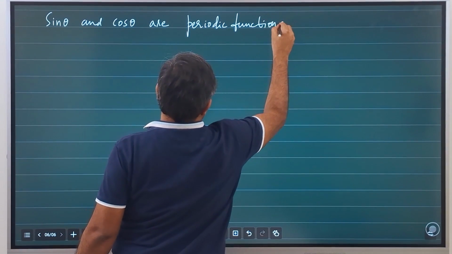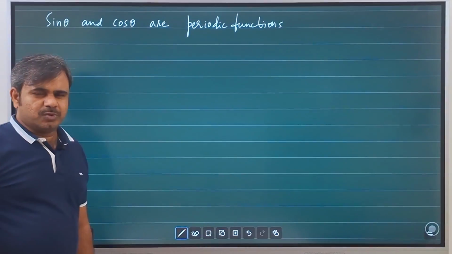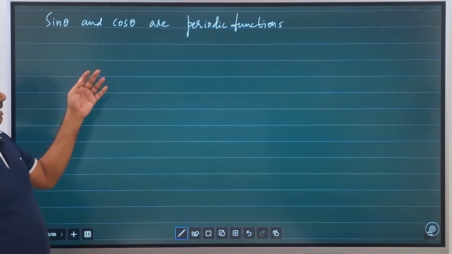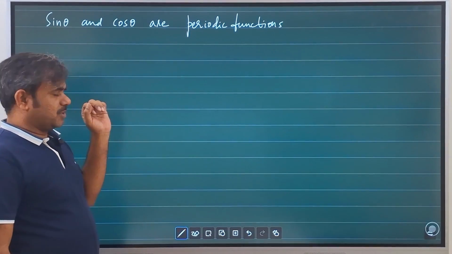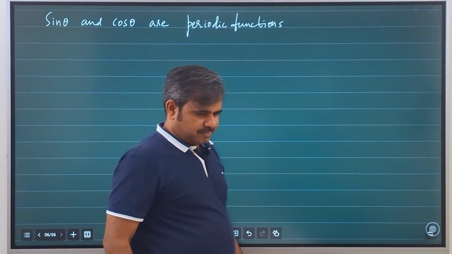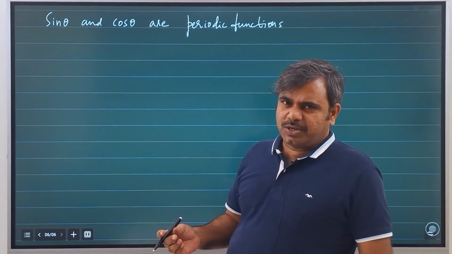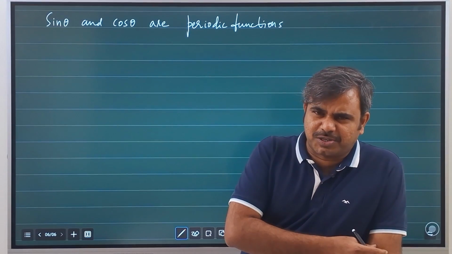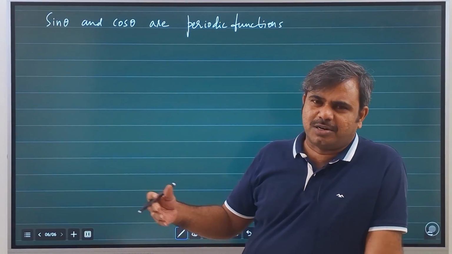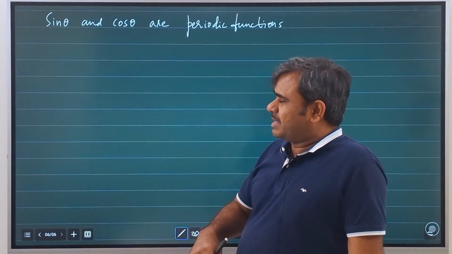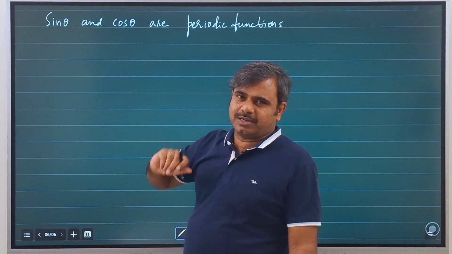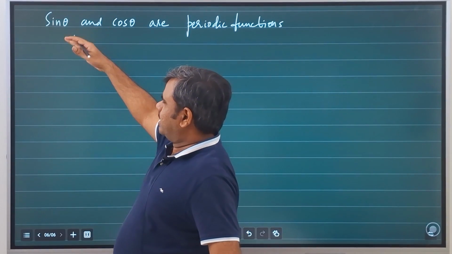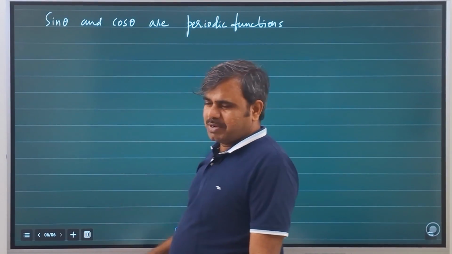This property of periodicity, we use it a lot of times in physics to study periodic motion. What do we mean by periodic functions? If the values of a function repeat at regular intervals, in this case at regular intervals of theta, the behavior of sine theta repeats at regular intervals, and the behavior of cos theta also repeats at regular intervals.